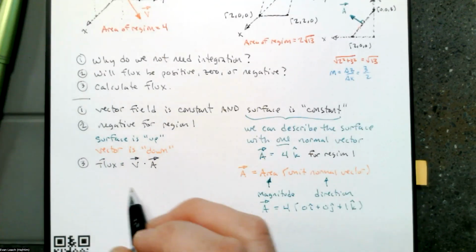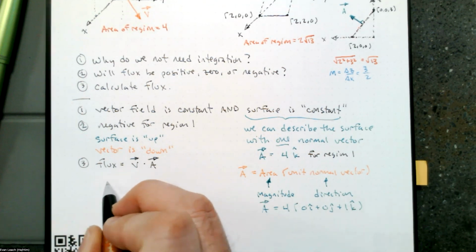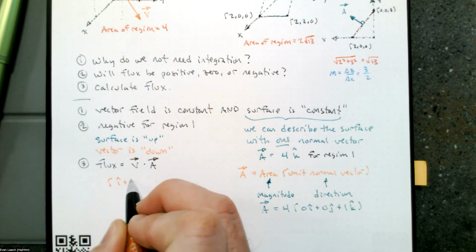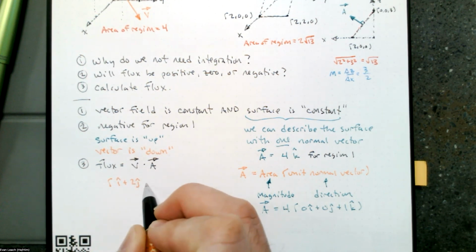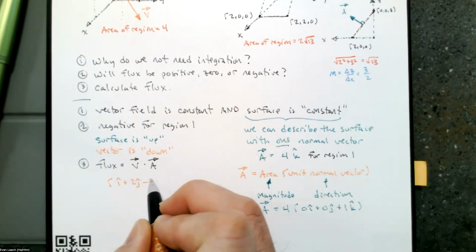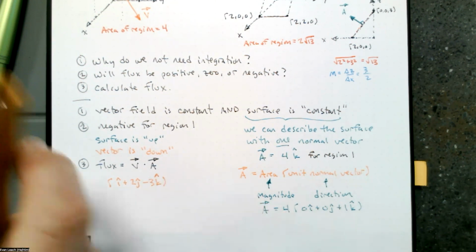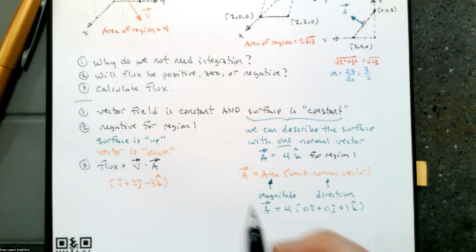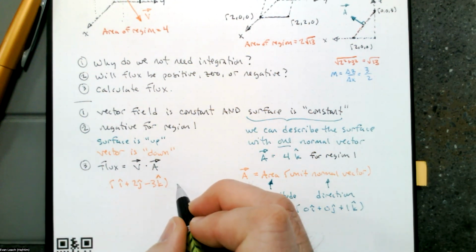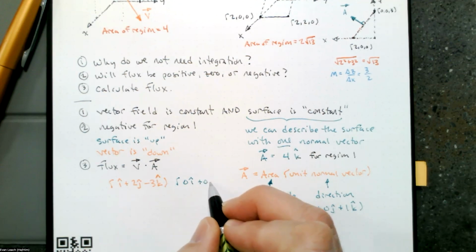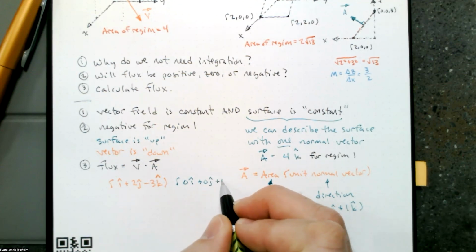So the flux is just going to be the vector 1i plus 2j minus 3k dot our area vector, which is 0i, 0j plus 4k.